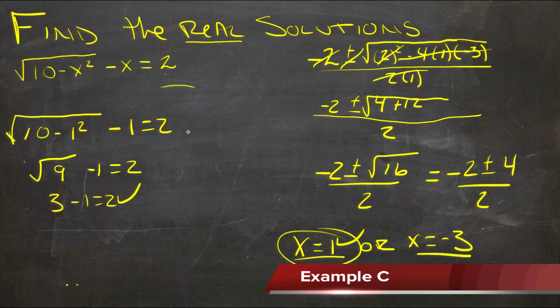Then we plug the other one in. We'll get the square root of 10 minus negative 3 squared, minus negative 3, equals 2. Sorry, let me make a little more room.